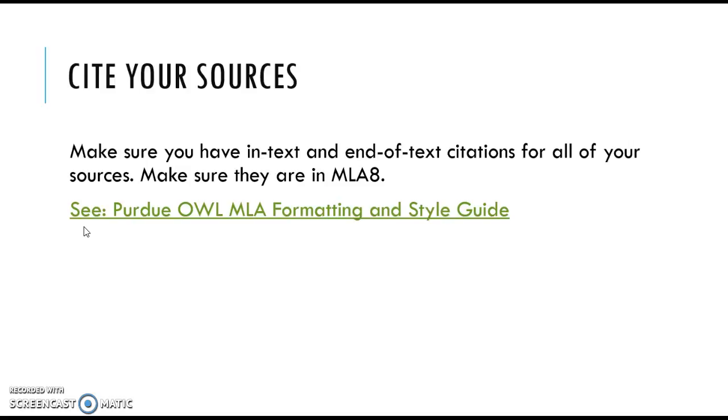You want to have the fuller reference with all of the information in the works cited page, but you also want to have in-text citations at the moment where you use the particular words or ideas from the source. And in both cases, you want to make sure that you're using MLA 8.